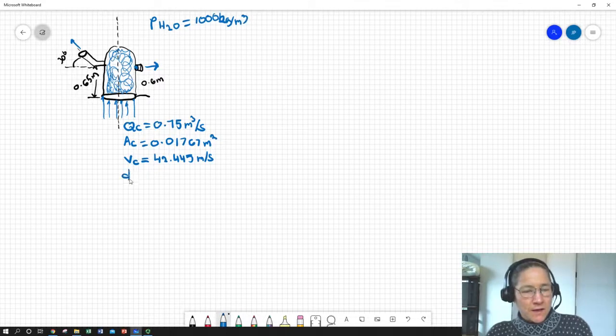So we get a change in mass of the water at C per given time.